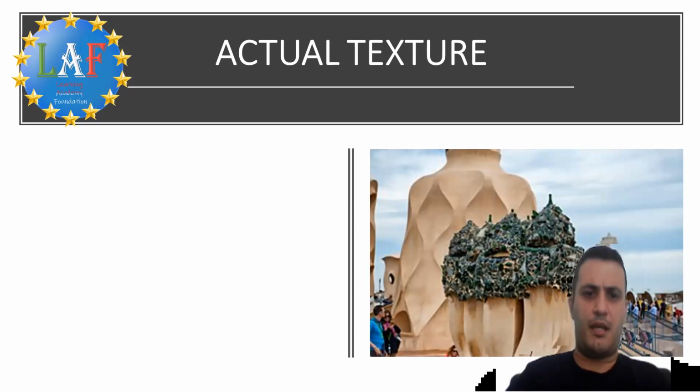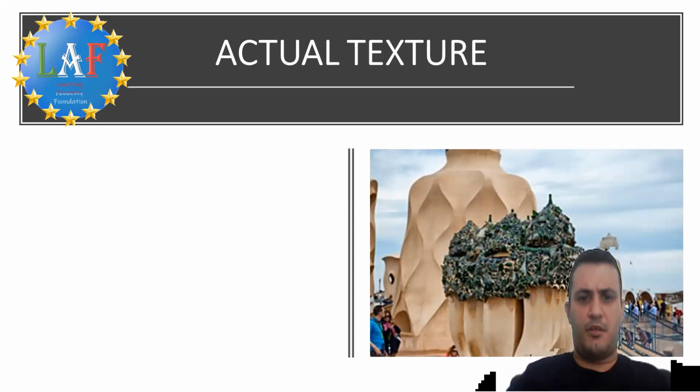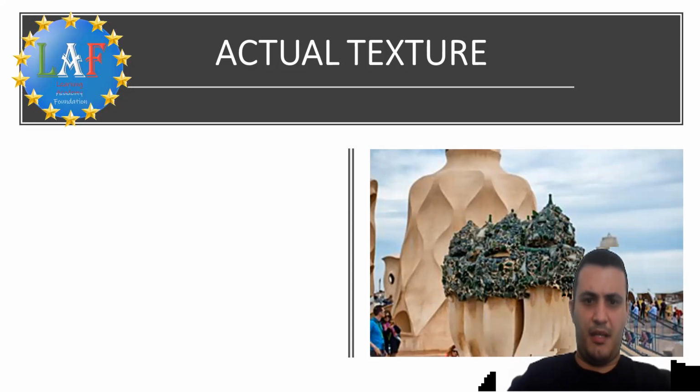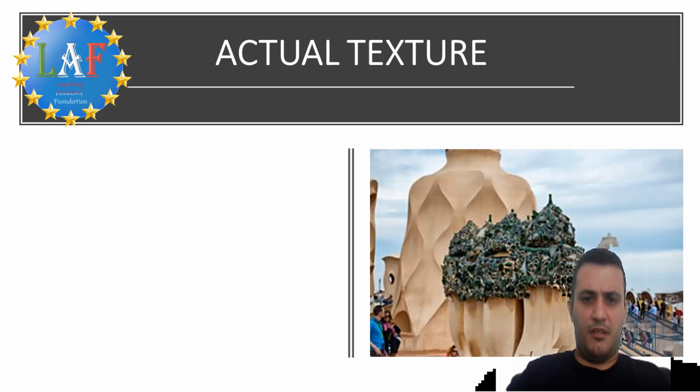In contrast, broken glass, tiles, and marble are used to create a rough texture. These create the appearance of armored helmets. So here you can see Casa Milà, also called La Pedrera, a rooftop made by Antoni Gaudí in 1906 to 1912. Okay.